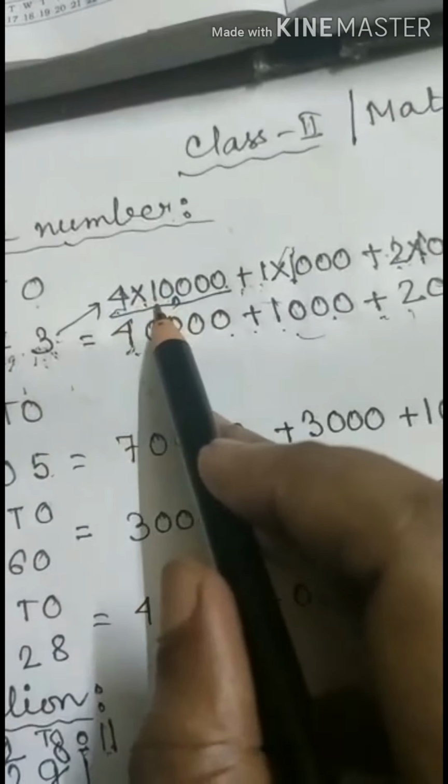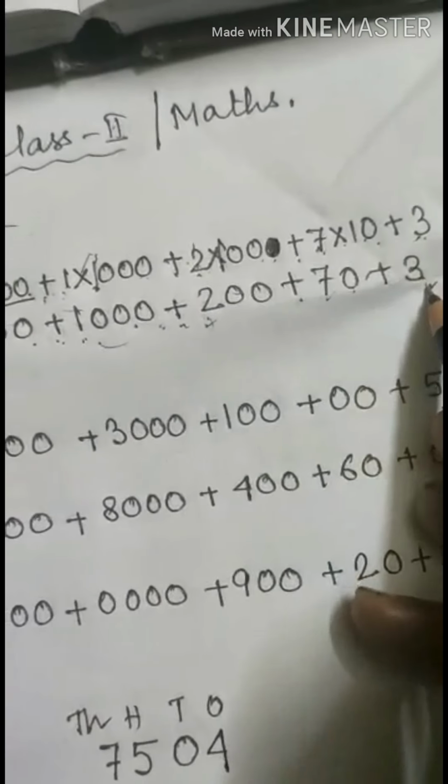40,000. 4 into 10,000 means 40,000, plus 1 into 1,000 means 1,000, plus 2 into 100 means 200, plus 7 into 10 means 70, plus 3.